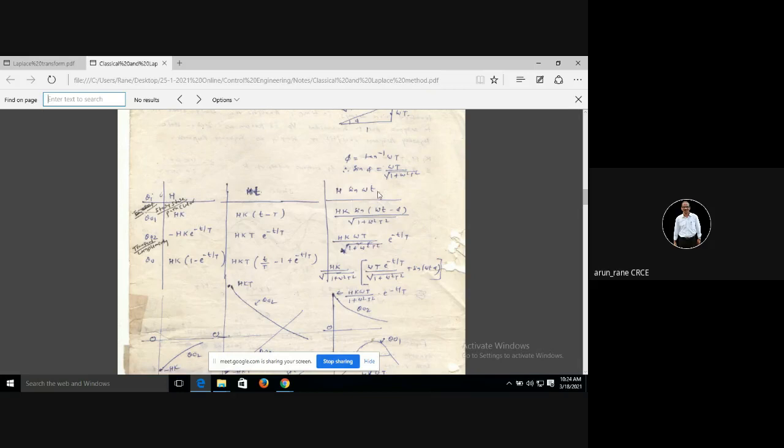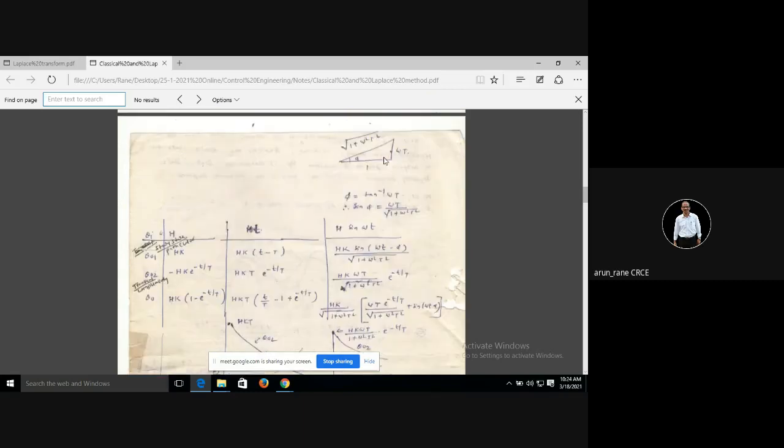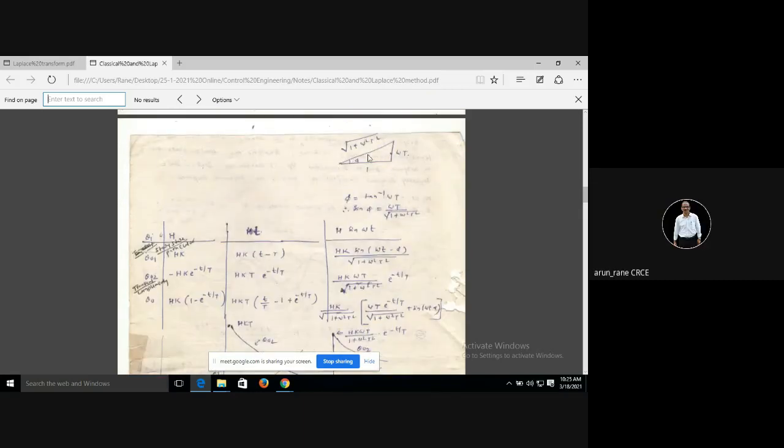That is given by phi equal to tan inverse of omega T, or I can say tan of phi is equal to omega T. So tan of phi is equal to omega T upon 1, isn't it? It can be represented like this. The hypotenuse will be the square root of 1 plus omega square T square.